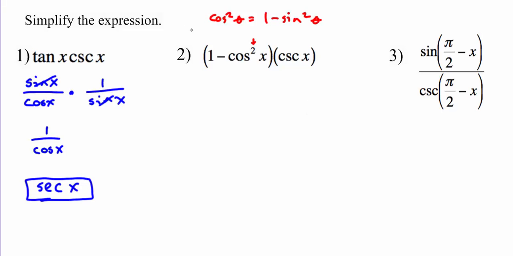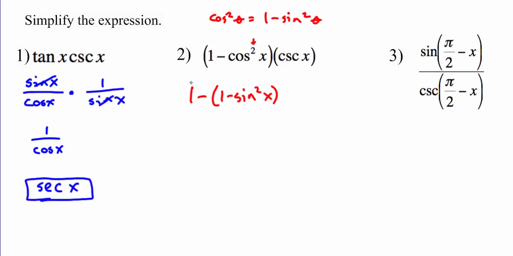Essentially just take cosine squared theta plus sine squared theta equals 1, subtract cosine squared from each side. And that would be one way to rewrite this. So we could rewrite it as 1 minus, and then in parentheses 1 minus sine squared x.